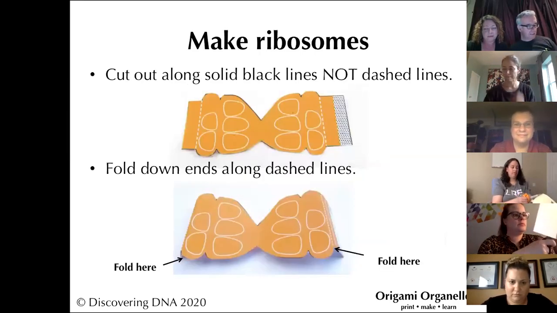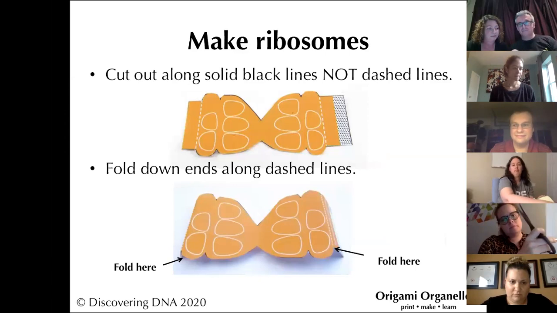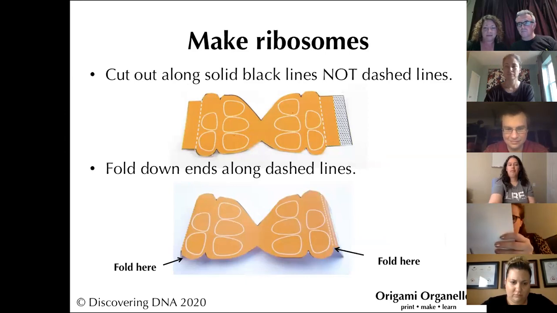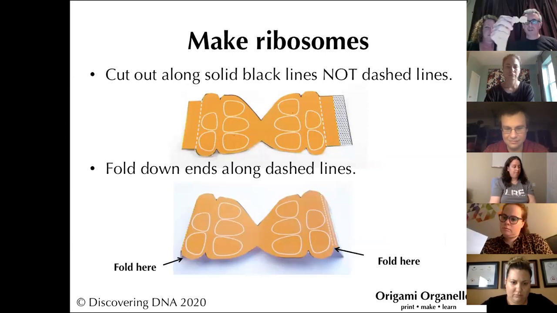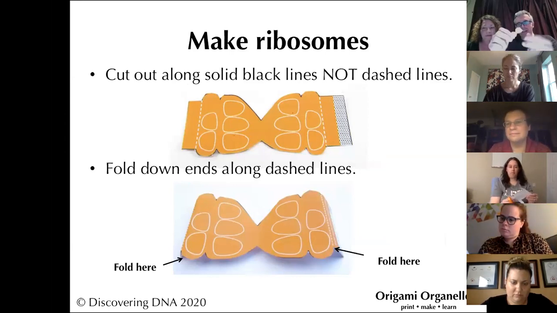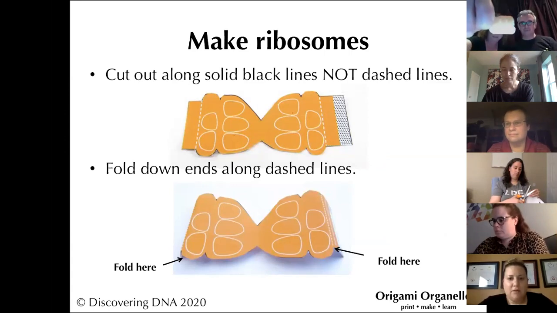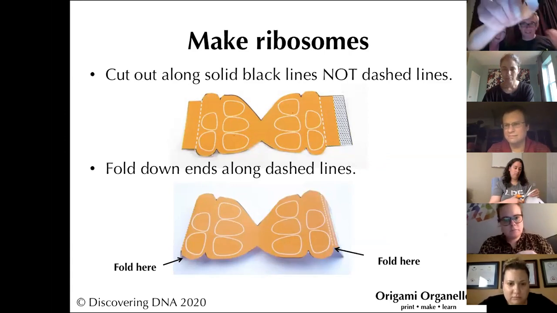Okay. So the ribosome requires cutting out, if you haven't already done so. Let me just go back a step. Okay, so here's the ribosome. You've got to make two of these, and you cut it out, and then you just fold it around and tape it together. And there's one we prepared earlier, as they say.